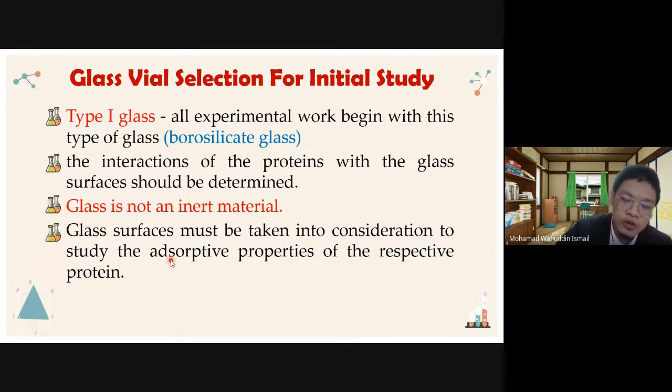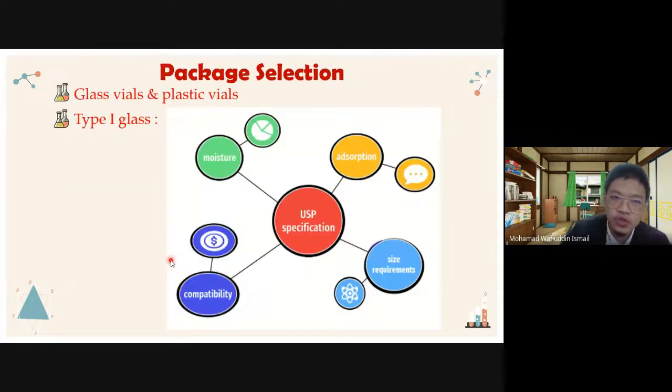Meaning, we must ensure that the type of glass that we use as a vial has no interaction with our type of protein or type of drug that we choose. In package selection, glass vial or plastic vial, we choose type 1 glass based on USP specification.